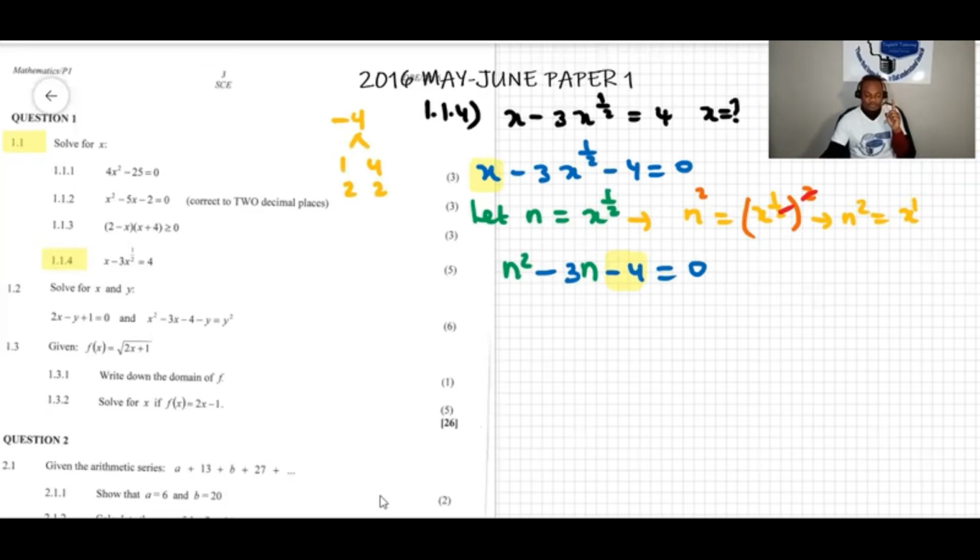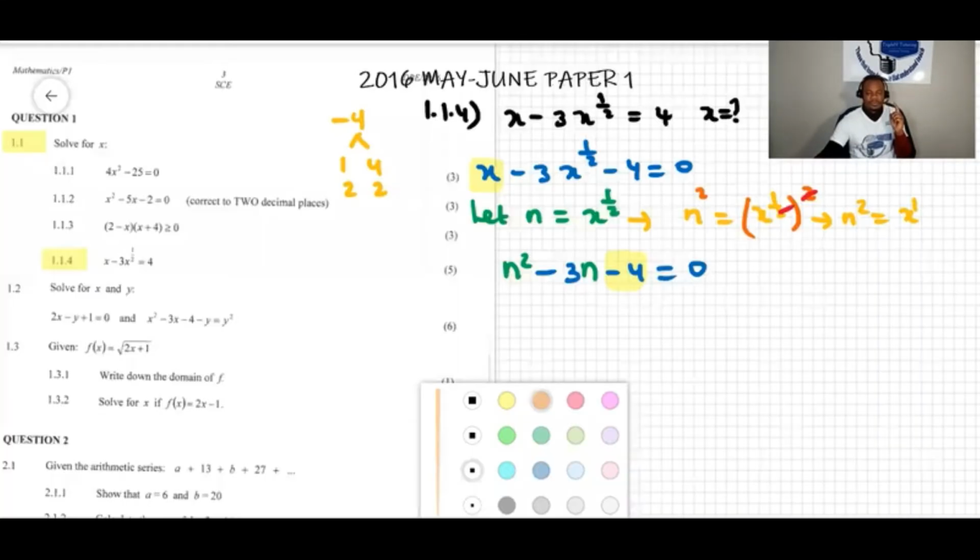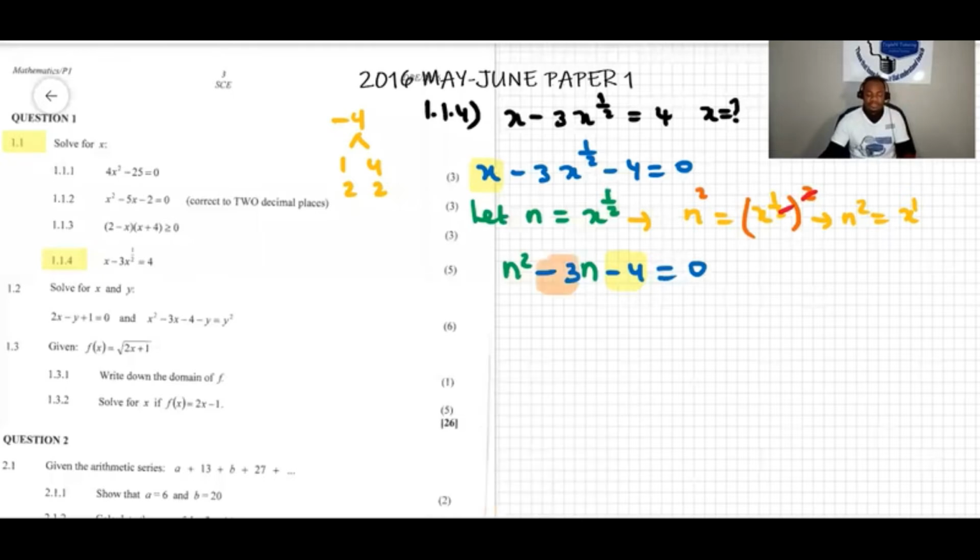There must be exactly one couple which will make a sum equal to negative 3. Negative 3 is the coefficient of the middle term. Now let's see. With 2 and 2, we'll never get negative 3, but with 1 and 4, yes, we can, if we have a positive 1 and negative 4. And of course, positive 1 times negative 4 will make negative 4.